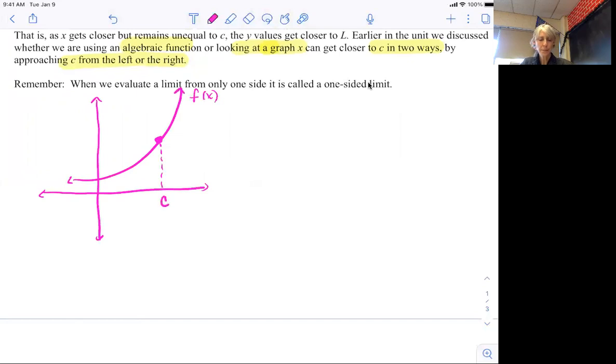there's my c. X approaches c from the left. X approaches c from the right. My left limit, my right limit. If those two match, let's just use n this time, our limit is going to be some number.